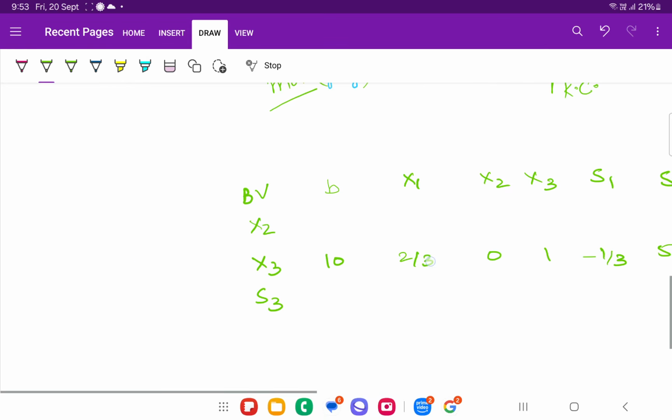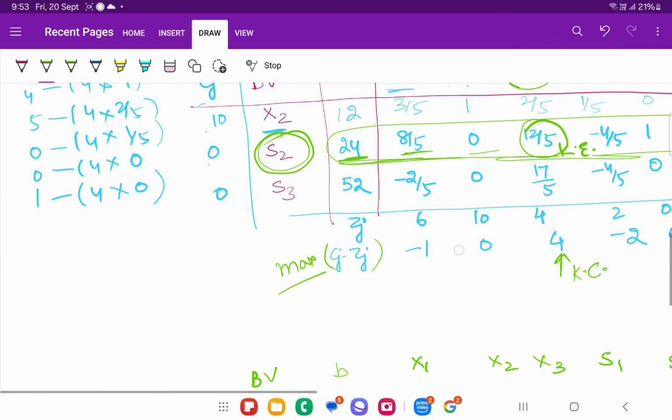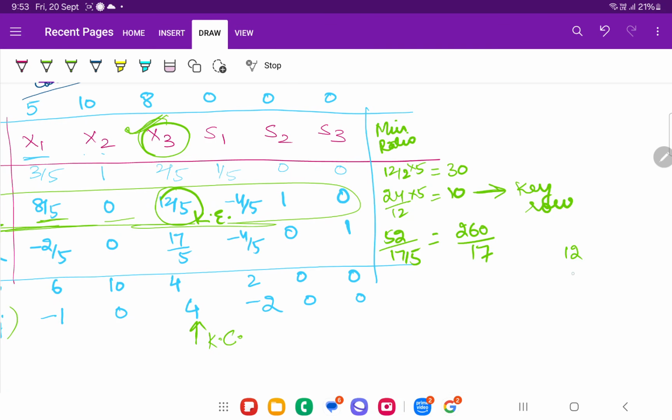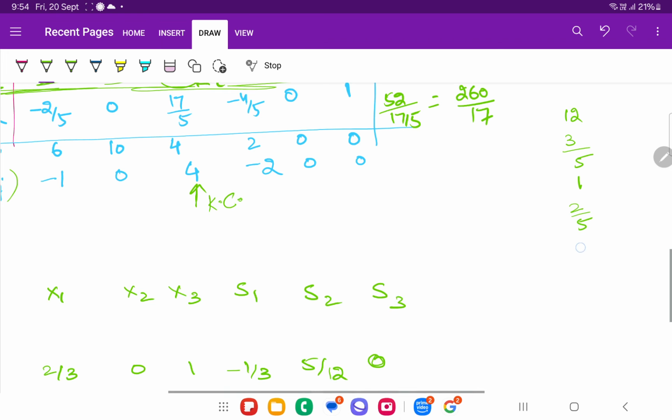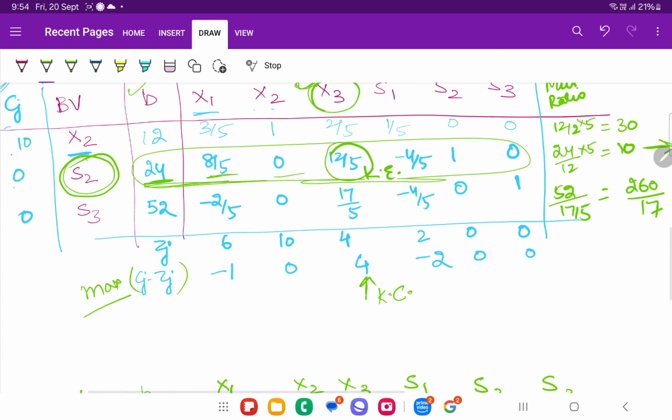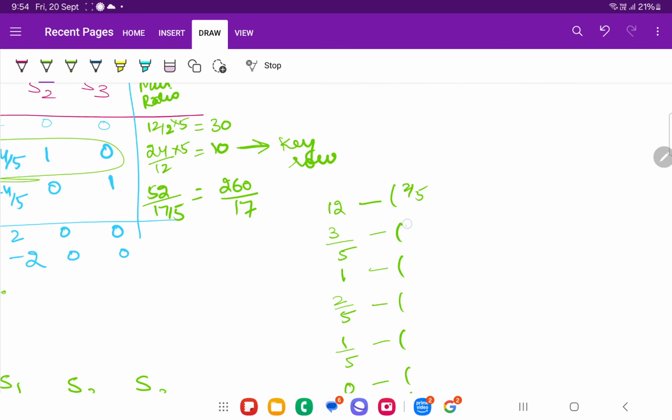Now these are the other rows. Write down the old values of x2. Old values of x2 are 12, 3 by 5, 1, 2 by 5, 1 by 5, 0, 0. Put a minus sign, open a bracket, and now in x2 the element corresponding to the key element is 2 by 5, right? So write 2 by 5, multiply by the new values of the key row.